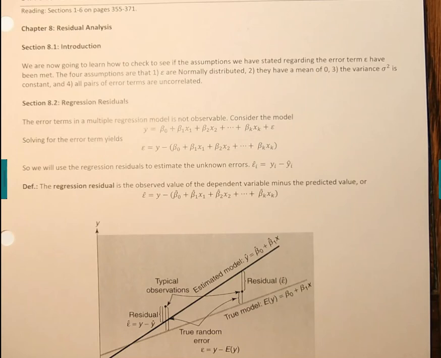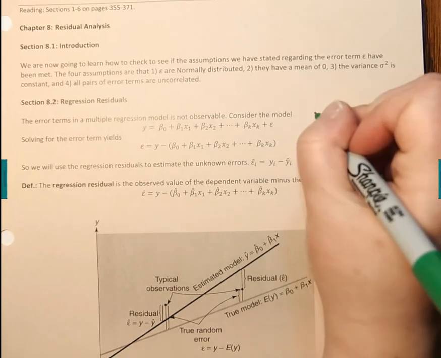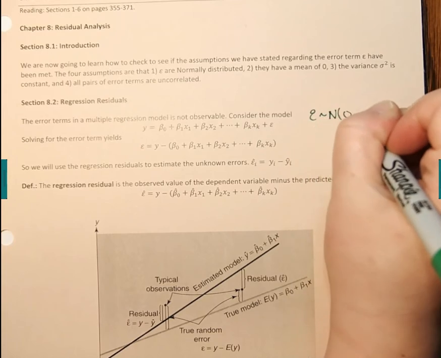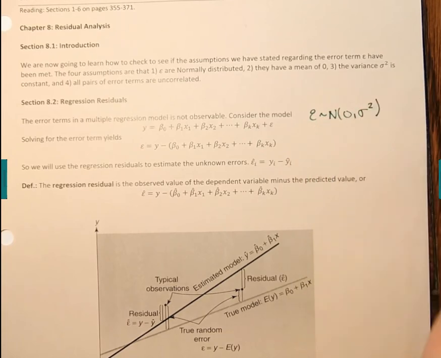So we're going to start out in section 8.2 by looking at the regression residuals. The error term in a multiple regression model is not observable. Consider the model that we have right here, and remember that we're making the assumption that the errors are distributed normal, 0, sigma squared.